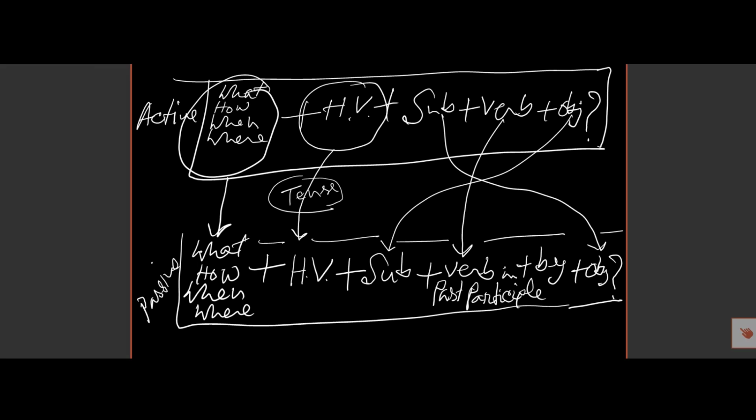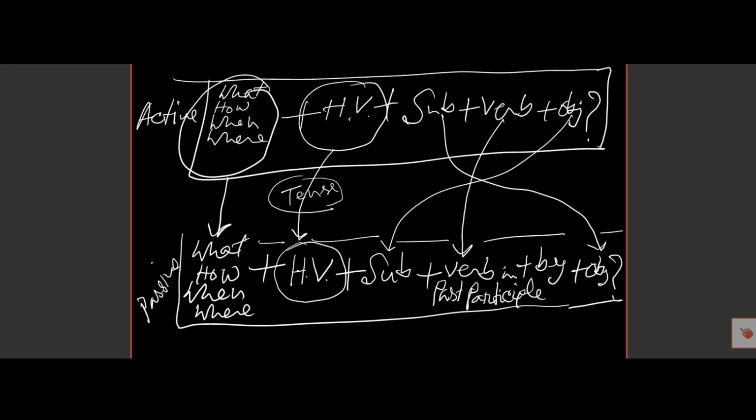This is the structure. I repeat, if the sentence begins with what, how, when, where, then we must begin the passive voice with what, how, when, where, any of these. Then, according to the tense, we must put here some auxiliary verb.